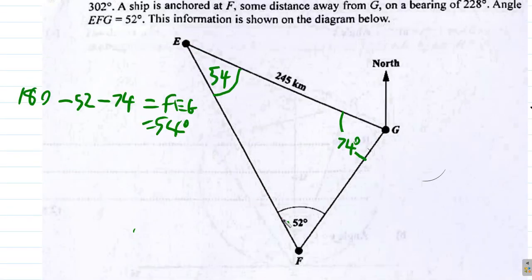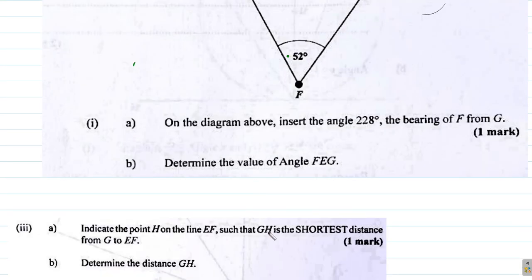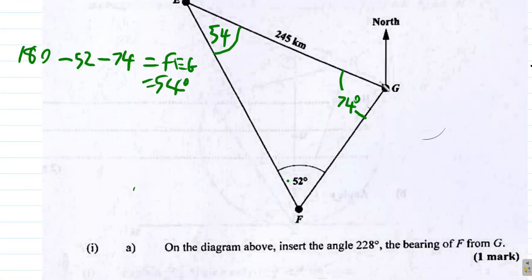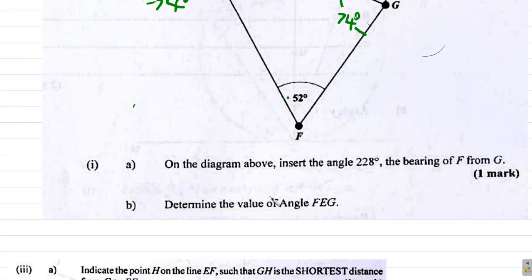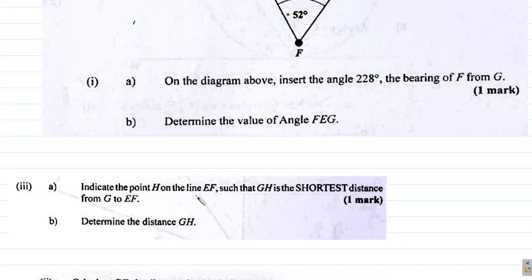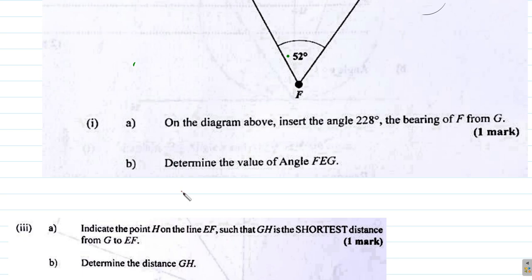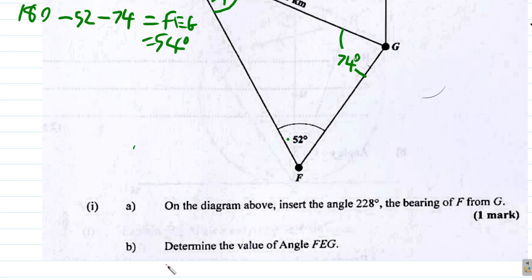I was thinking it was up here, but it's EF they're talking about. So that point is somewhere along EF, such that GH, from G to H, the point H, is the shortest distance to EF, and determine the distance.